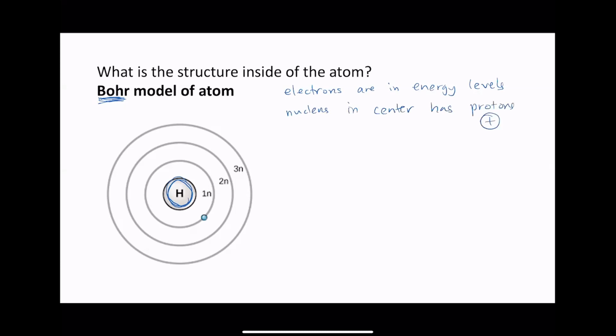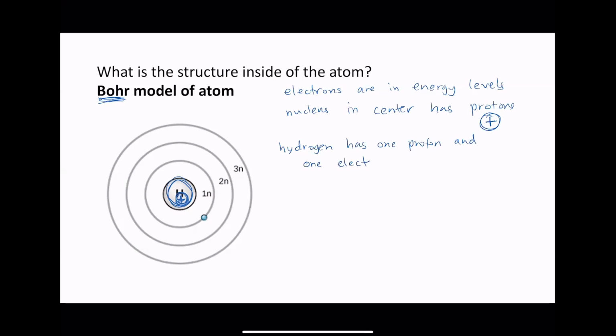But let's focus on the protons, which have a positive charge. The hydrogen atom has 1 proton and 1 electron. So I just put that 1 proton in the nucleus, and it also has 1 electron.